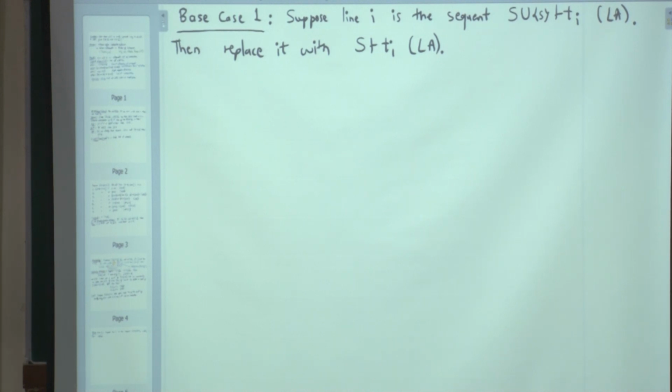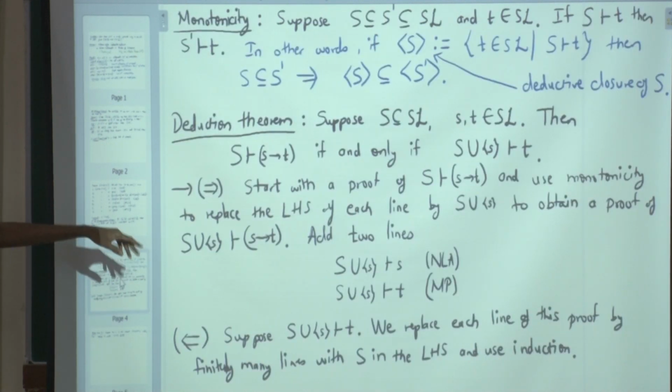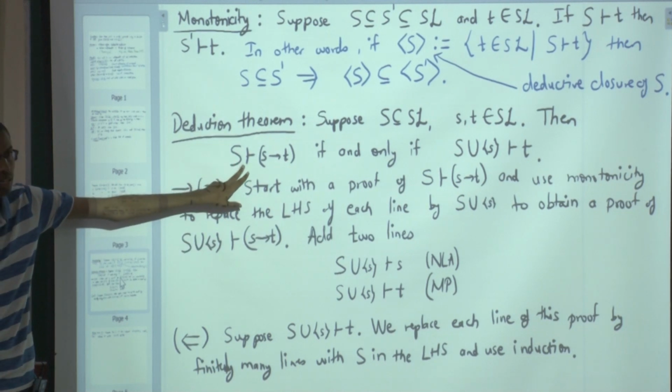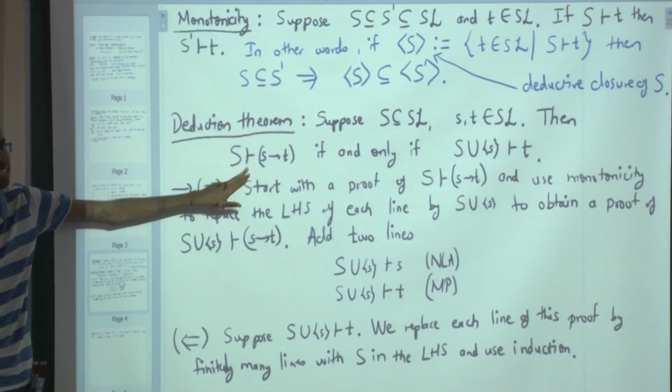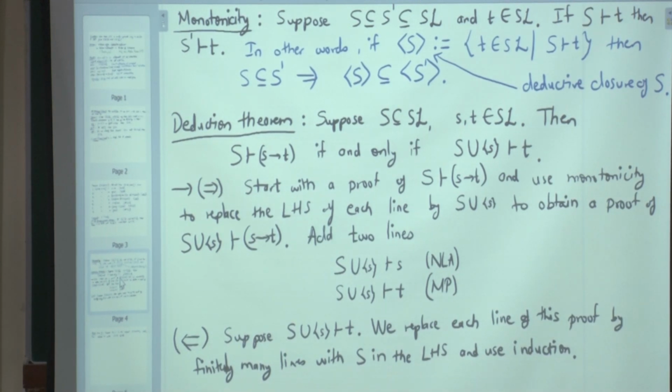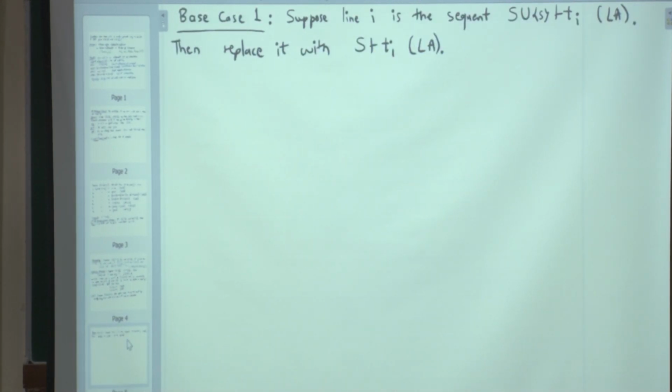Sorry, there is something to be done. See, what we need is this. So we have to replace it with an appropriate line. So let me just take 2 more minutes. Okay, this is my LA1. So Ti was itself a logical axiom, and that was a consequence of S union singleton s.